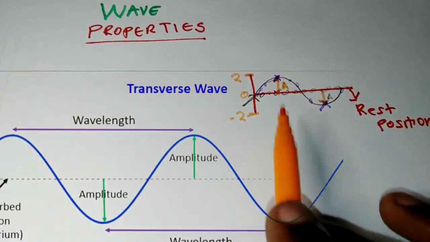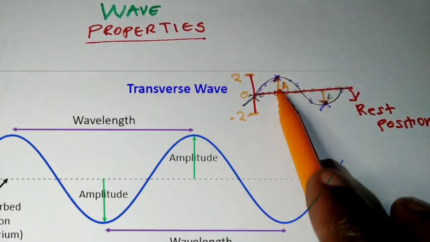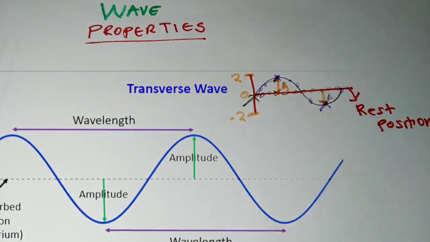The displacement from here to there is 2, from there to there it's negative 2, since you're going down the axis, down the y-axis. From our diagram, we can see what is circled there as the amplitude. What has been labeled in green by the arrow, that is simply the amplitude. Particles are undisturbed before there is a disturbance or vibration.